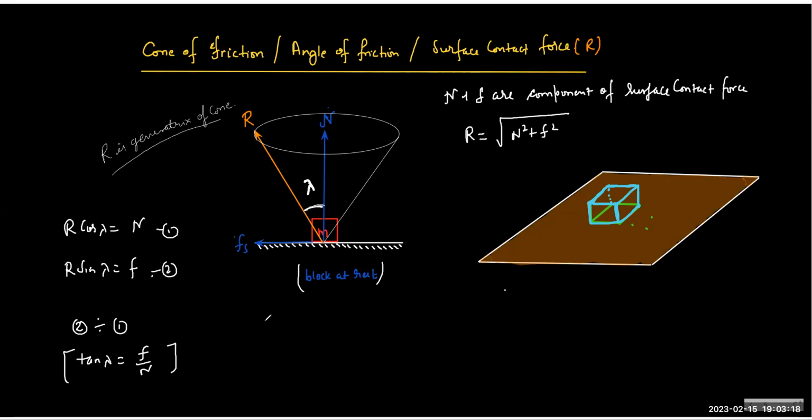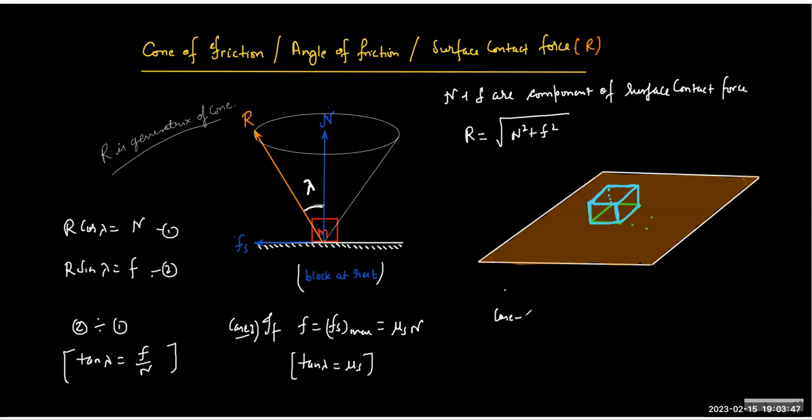So now we'll take some case. If F is equal to Fs max, then we know the formula is mu s into N. And in that case, the tan lambda becomes mu s, right? Which is very interesting.